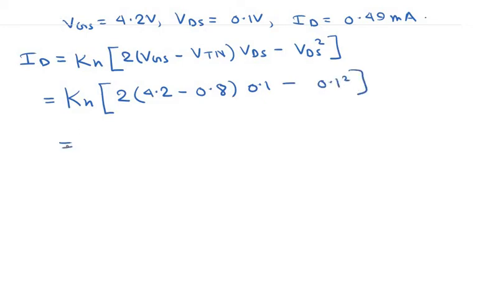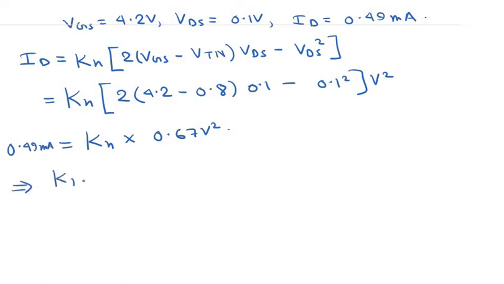So if I simplify this, I get 0.67 volt square. Okay, so this is basically volt square, square of the volts. So capital Kn into 0.67 volt square. Okay, now ID is equal to 0.49 milliamperes. So on this side over here we write it as 0.49 milliamperes.